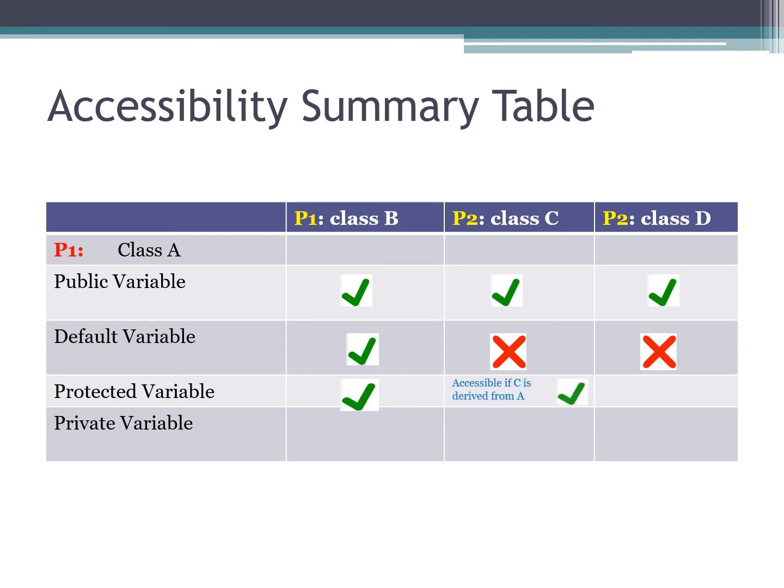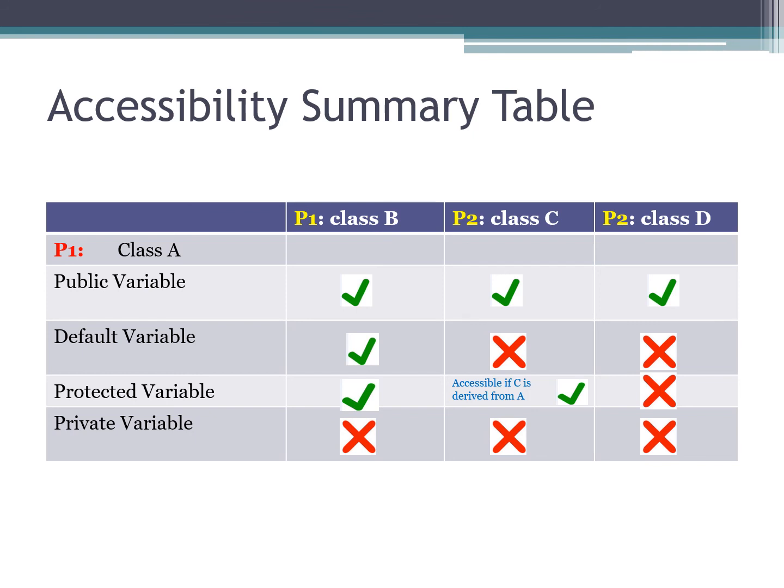It is accessible in C if C is derived from A. This is the restriction: there has to be some relation between class A and class C. And class D, which is in package P2, is not able to access the protected variable of class A.